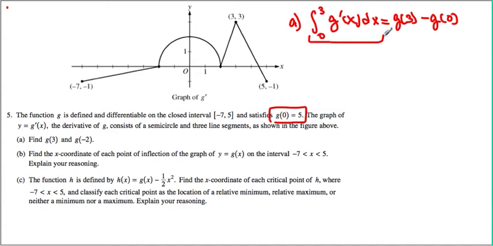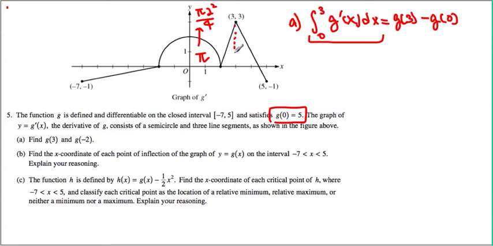This one is simply the area under the curve from 0 through 3. Since here this portion is a quarter circle whose radius is equal to 2, that means pi times 2 squared divided by 4, which is equal to simply pi. Here 2 to 3, the base is equal to 1 and height is equal to 3.